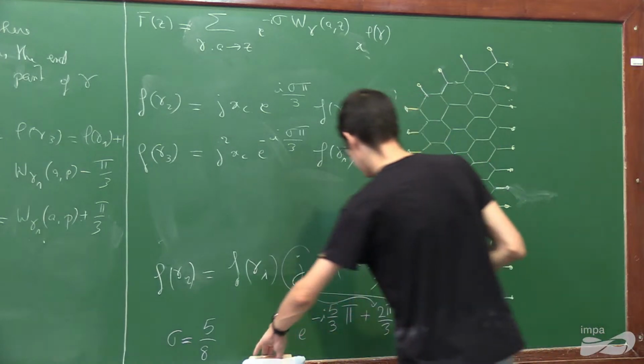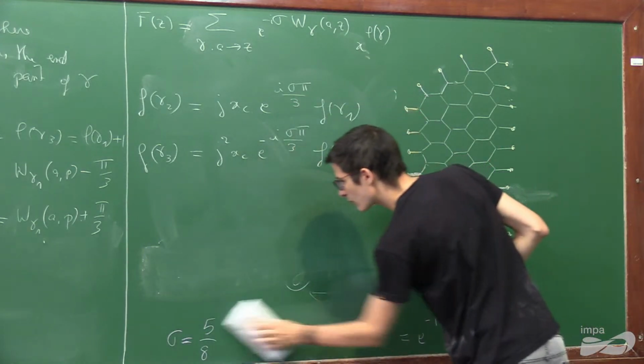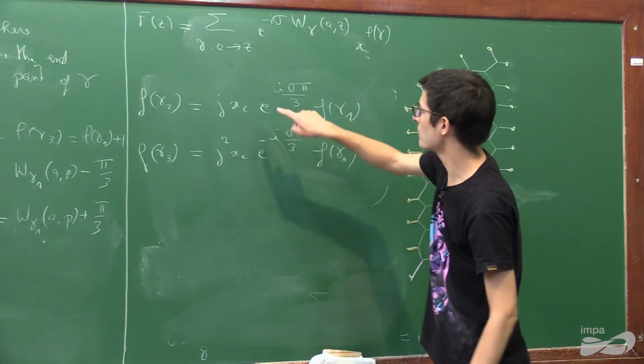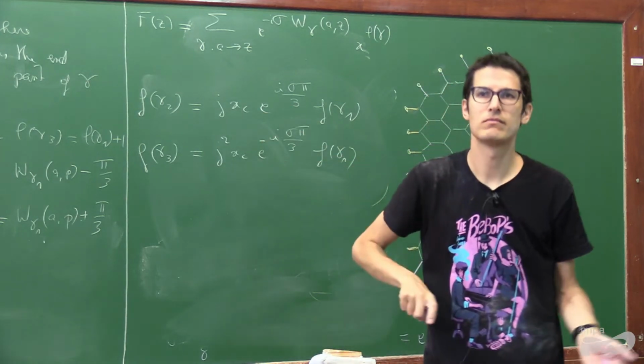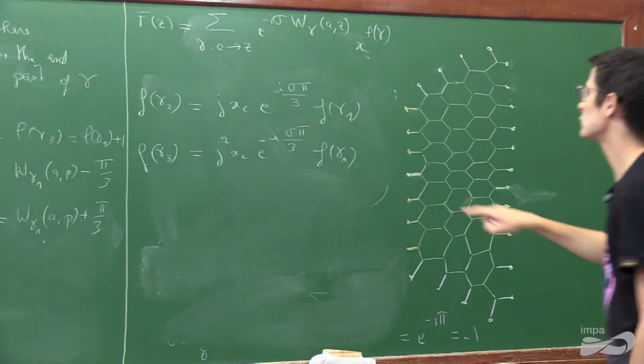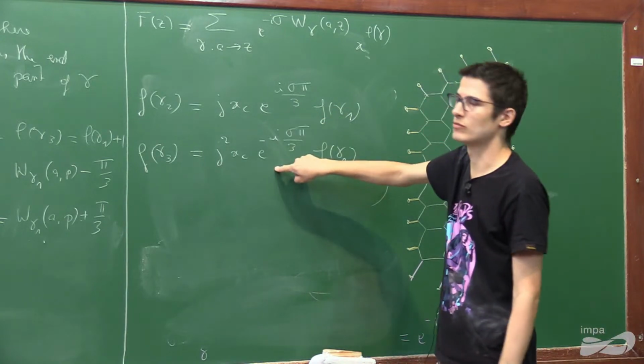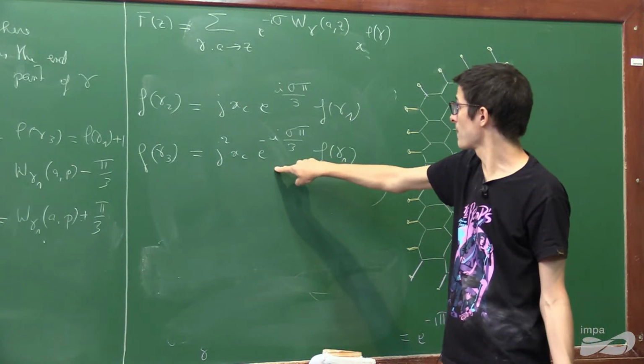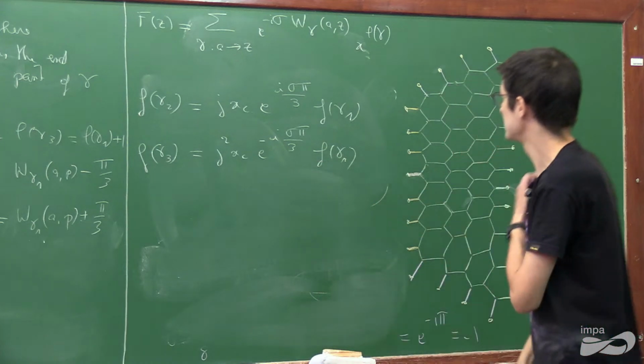So to conclude, I just have to show that 1 plus this is equal to 0. So you have to show that this plus this is equal to minus 1.